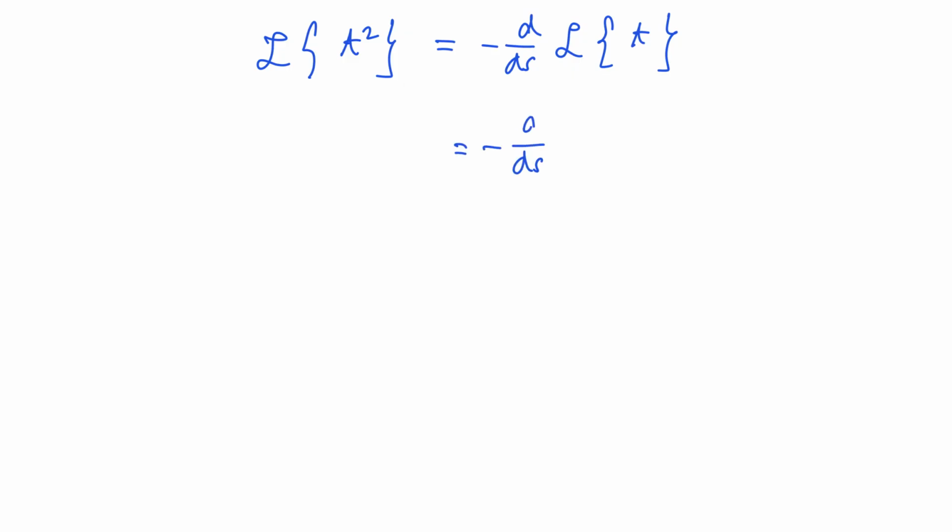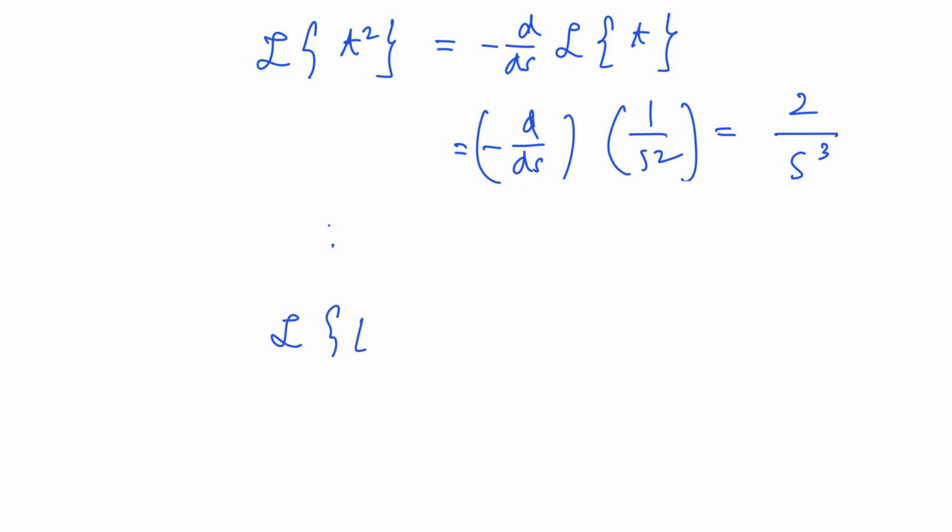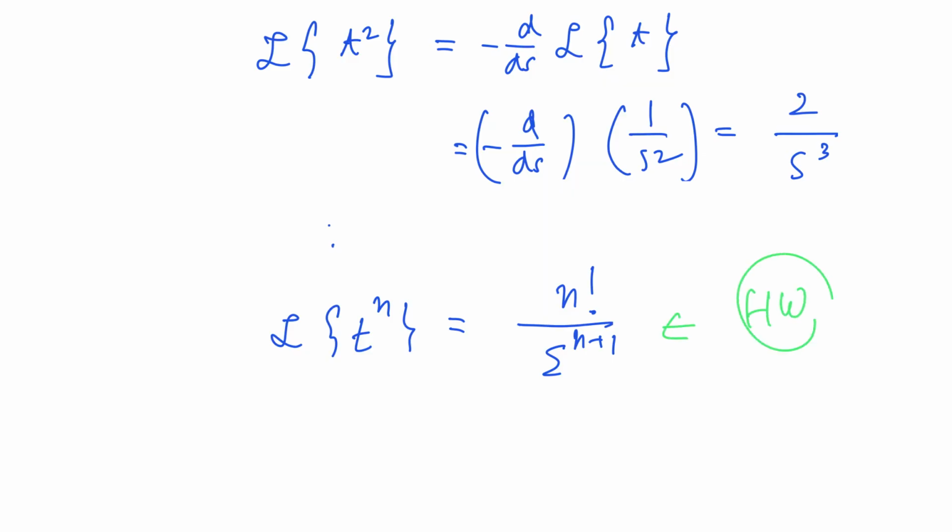Minus d/ds of 1 over s squared, which is 2 over s cubed. So we can continue. Laplace of t to the n is n factorial over s to the n plus 1. So maybe we can show this by using homework, using induction.